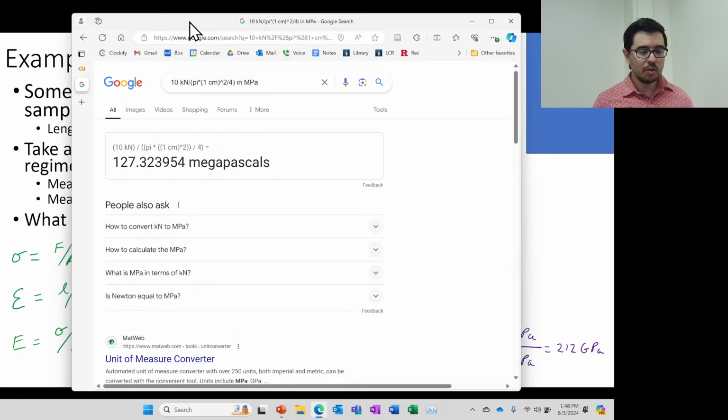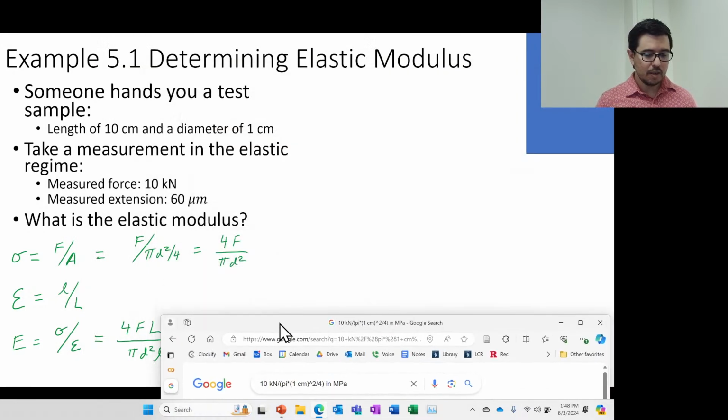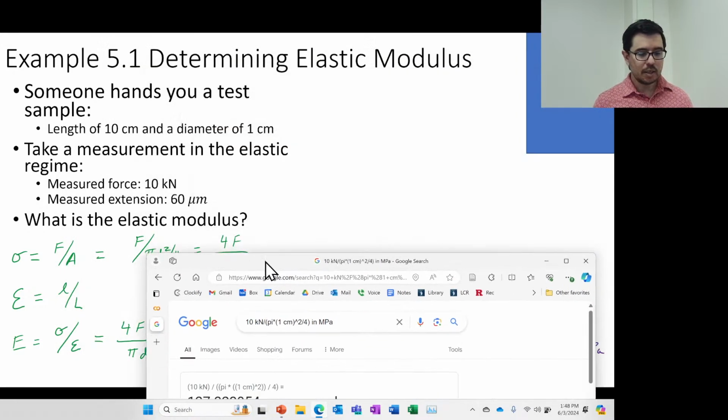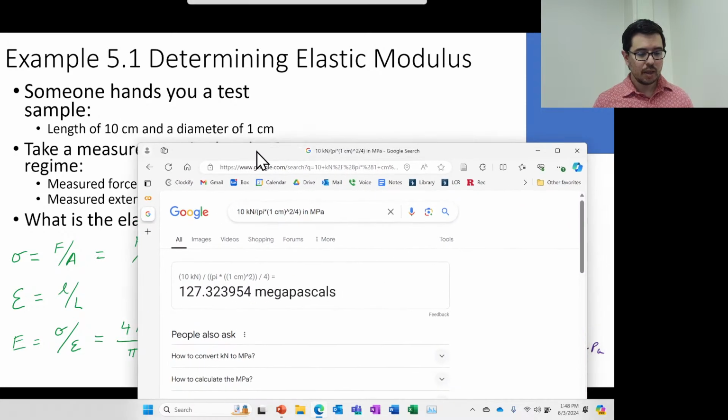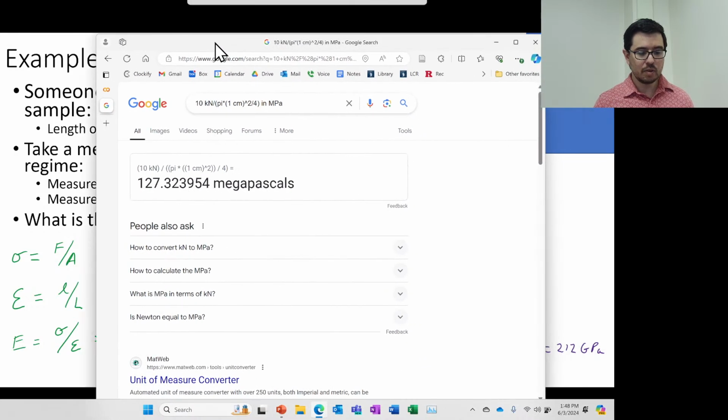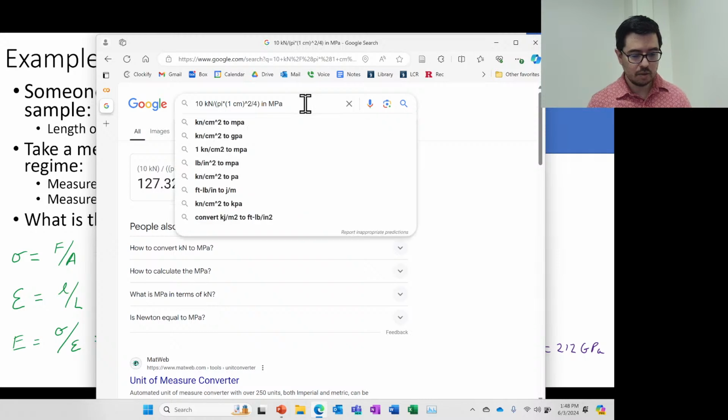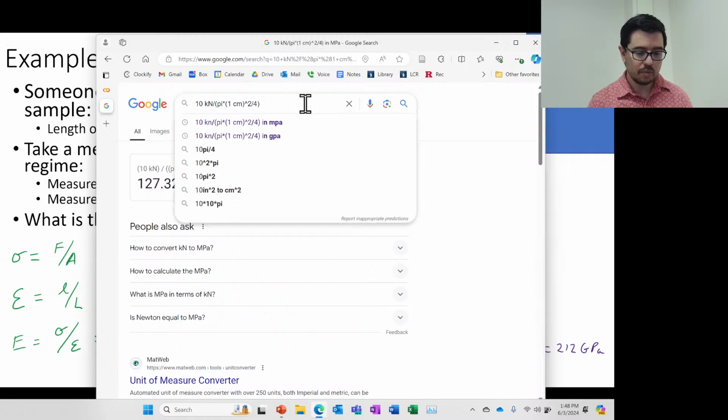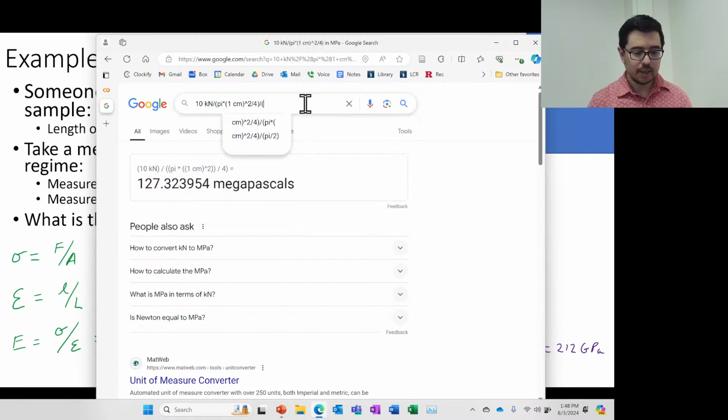But if we need to know the strain, we said, what's the strain? It's 60 microns over 10 centimeters, right? So now we can go back into here, and we can do divided by 60 micrometers, divided by, what was it?